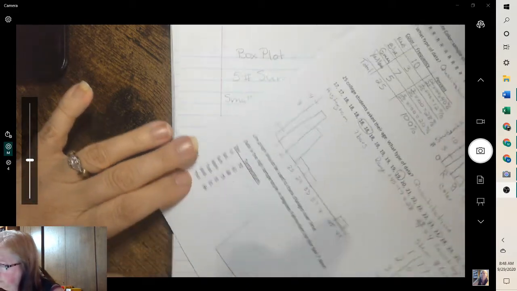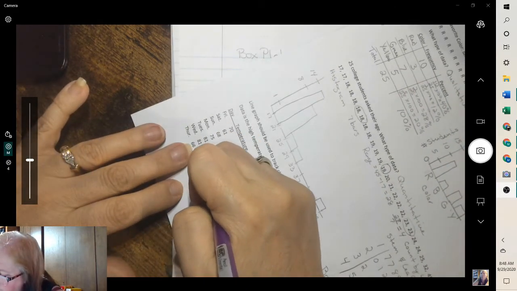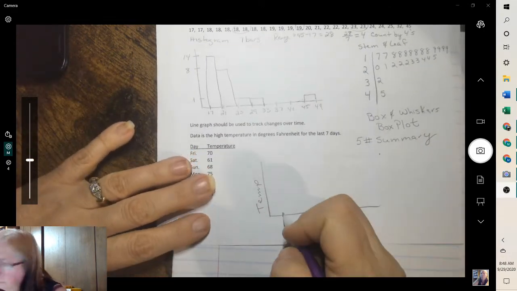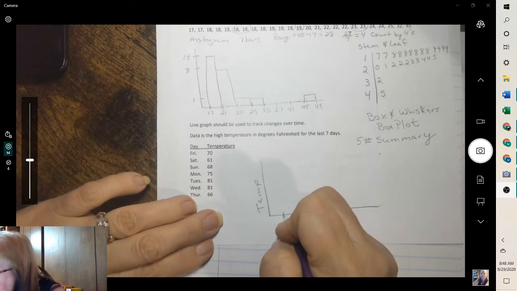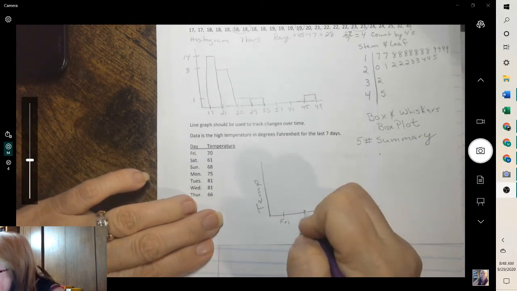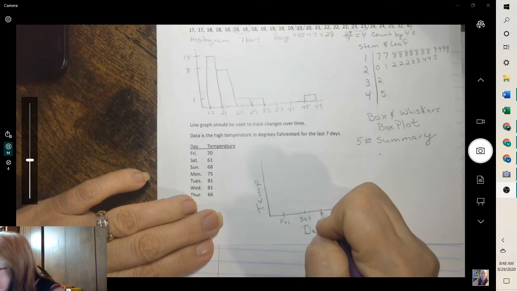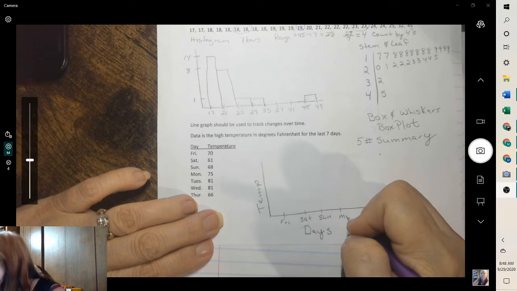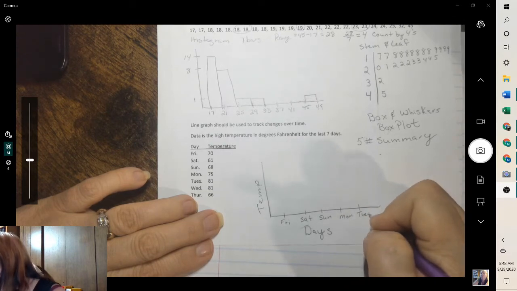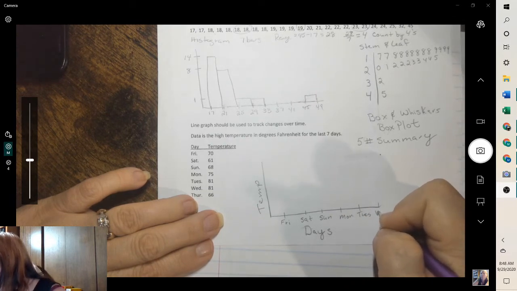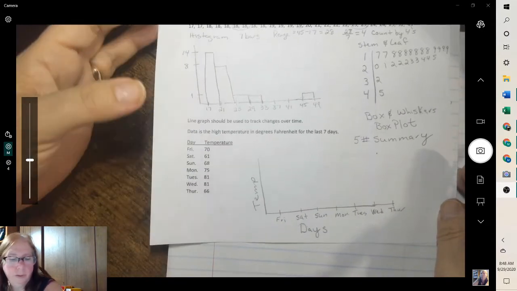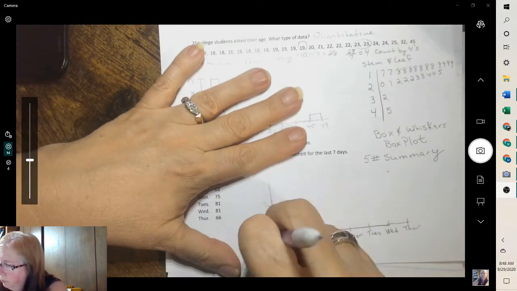And temperature would go up the side. So that would be our days, and our temperatures.